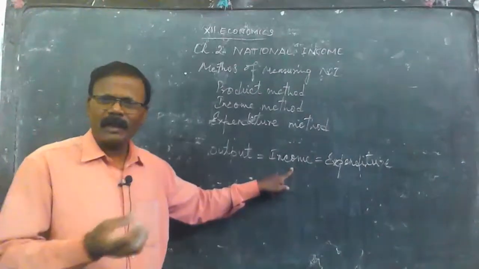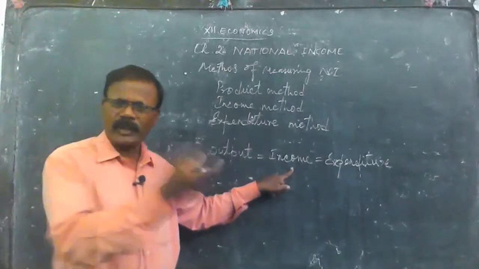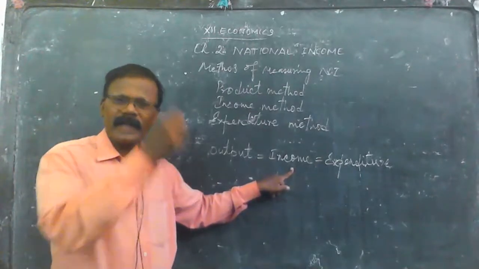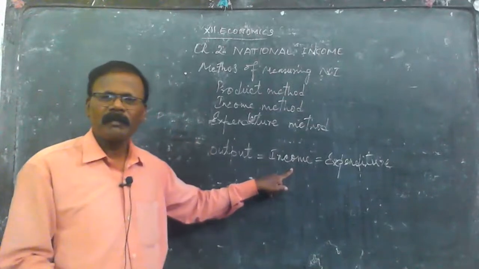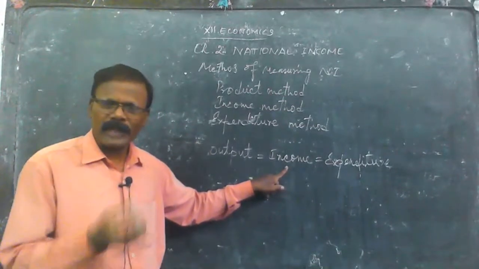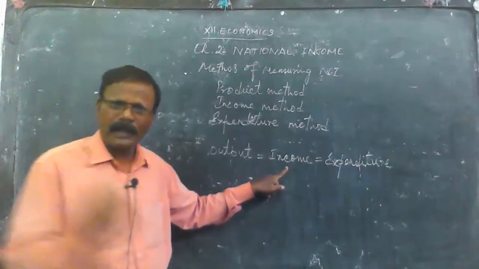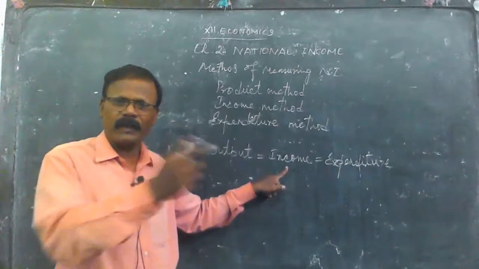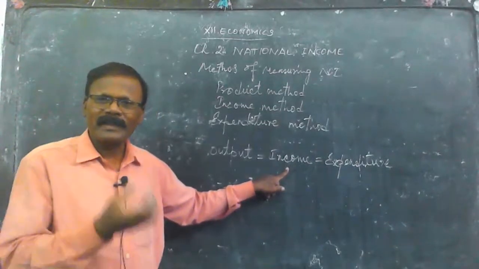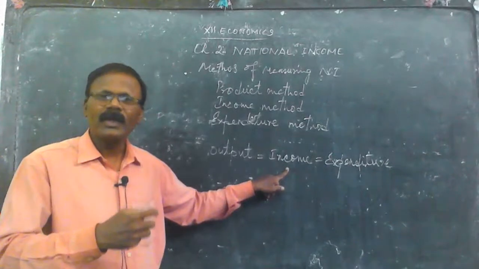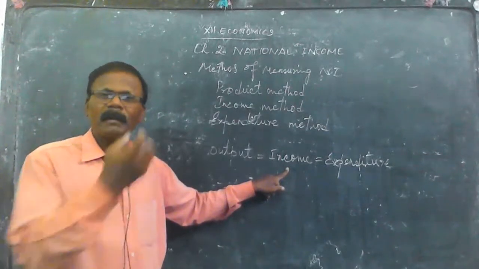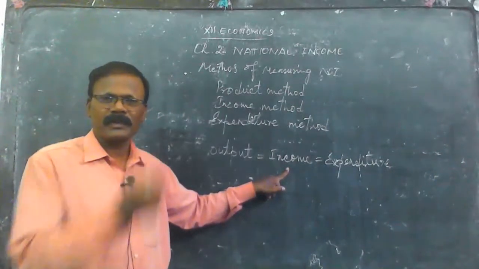Then the income paid to the factors is an income to the firms. The household sector receives income by supplying the factors of production to the firm sector. These incomes again are spent for purchasing goods and services.